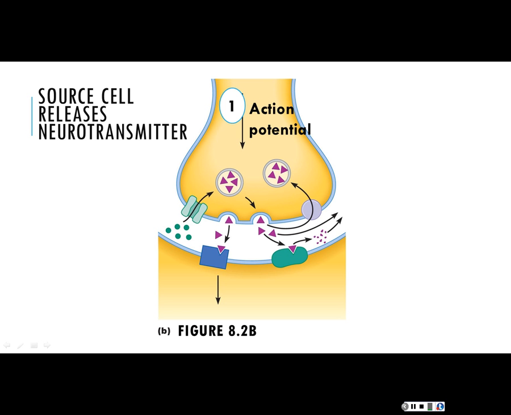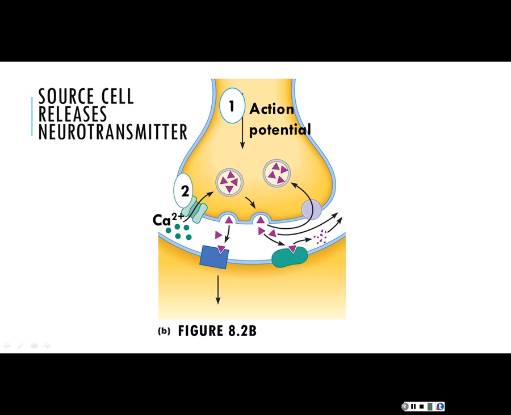So we're changing the voltage across the cell. And we know that we're opening and closing different voltage-gated sodium channels and potassium channels, but now we're adding something new to the mix. What is new here at the end of the axon terminal? Voltage-gated calcium channels.